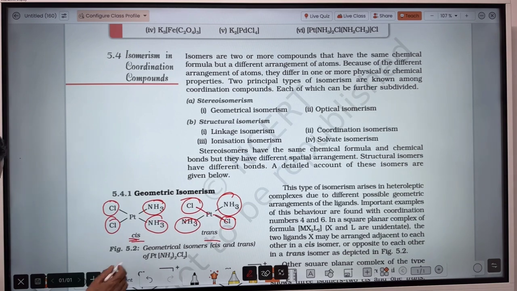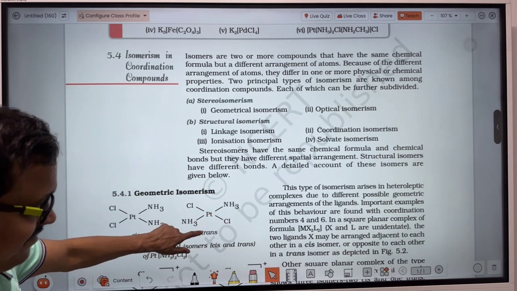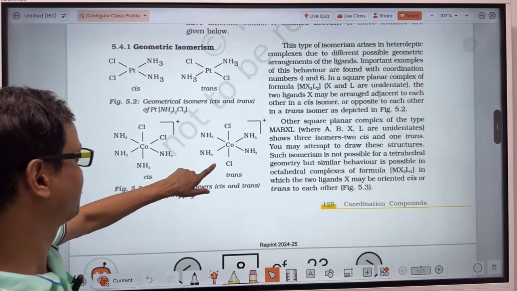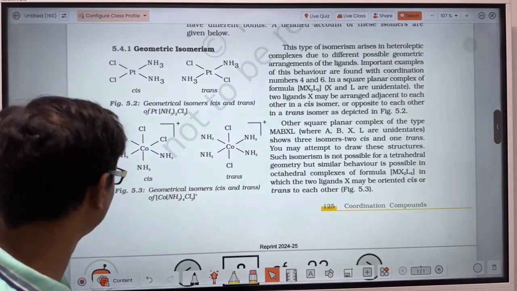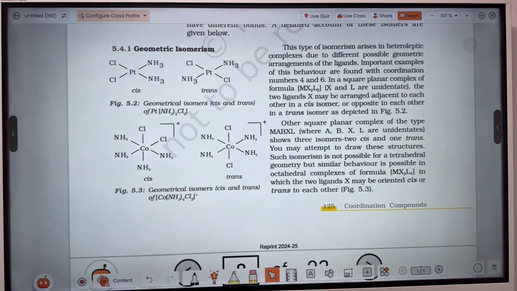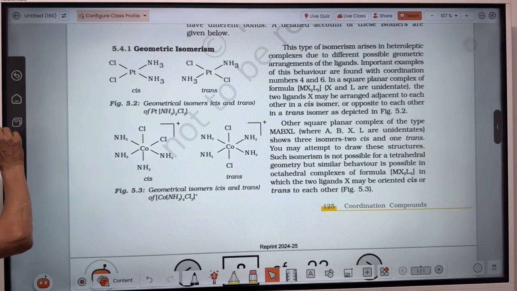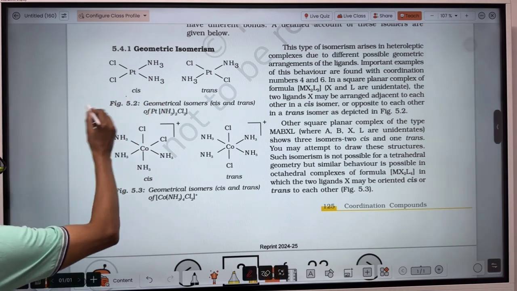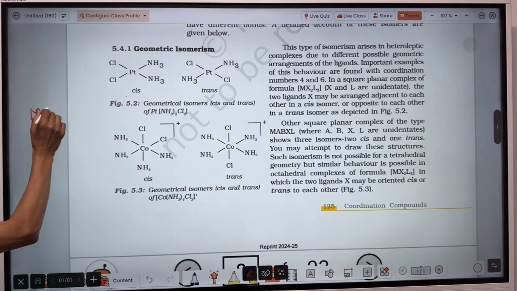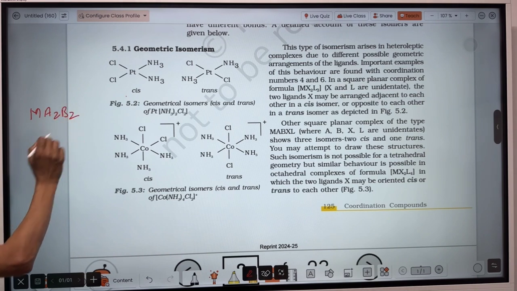Okay, can anyone tell which will have the greater dipole moment? That I am giving you as homework. Think over that. Now this was the formula for the Ma2B2 type.